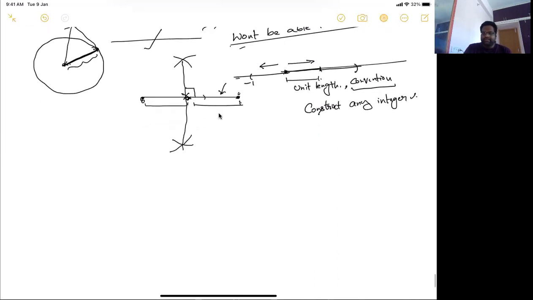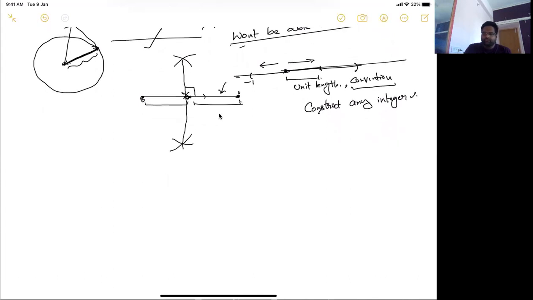Also, you can construct any rational number too. All you need to do essentially is to construct 1 over n for some n belonging to N. If you want to construct the rational number m over n, once you construct 1 over n, you measure the distance using the compass and then go m times that length along this line.